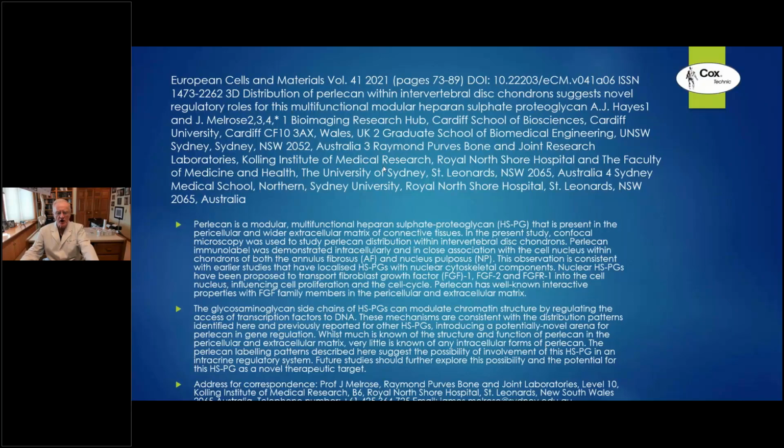Basically what they're talking about, and you'll see it's Professor Melrose from Raymond Purves Bone and Joint Labs. Notice how, over decades from 1966 to 2021, that same institution has been working on the intervertebral disc. Do things move slow? Yes, things that are good usually do.